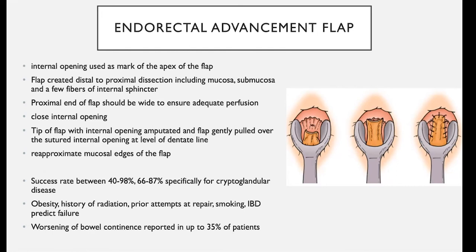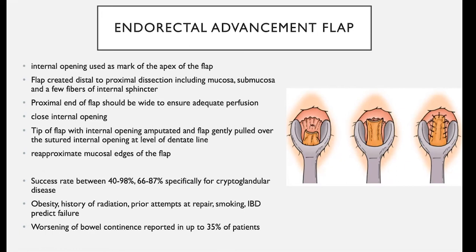This technique has a pretty good success rate, but again, pretty varied in the literature, between 40 and 90%. More specifically for cryptoglandular disease, it's a little better, 70 to 90%. Just like the LIFT procedure, obesity is a risk factor for failure, as are a history of radiation, prior attempts at repair, smoking, and IBD.